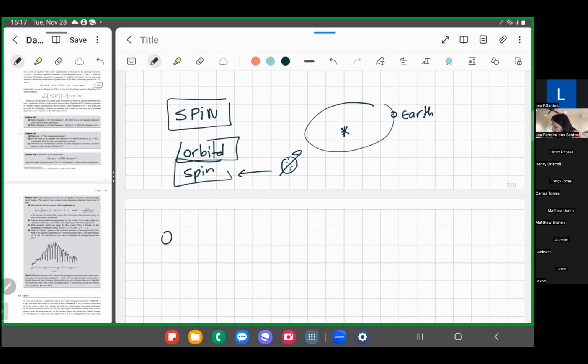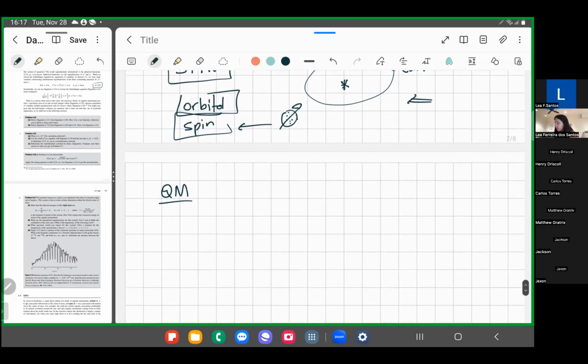Now let's go to quantum mechanics. When we are talking about, for example, the electron orbiting around the proton in the hydrogen atom, well, we usually use this picture, but remember that we said this picture is not correct. Well, it's true that we can talk about the orbital angular momentum, and that's what we just talked about, the L's, the Lx, Ly, Lz.